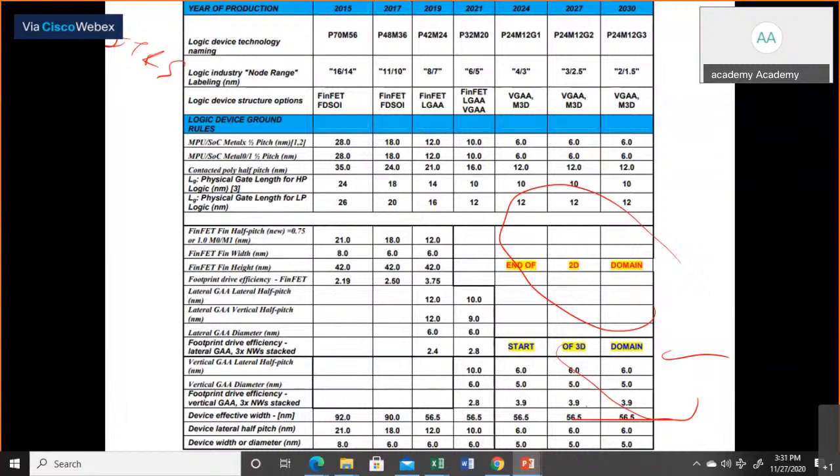You can see that after 2024, they are moving to 3D vertical gate transistors like nanowire architectures. They are coming into the domain and are expected to fulfill requirements up to 2030.